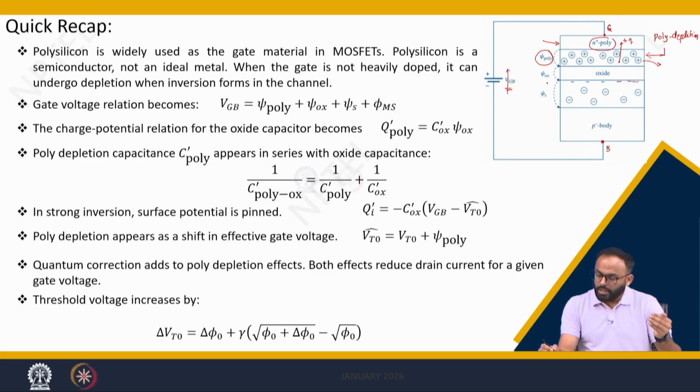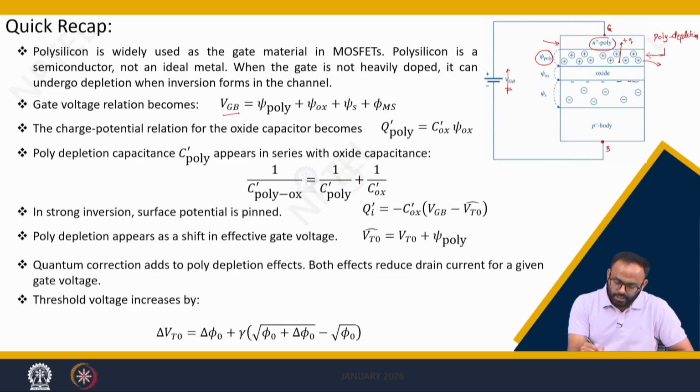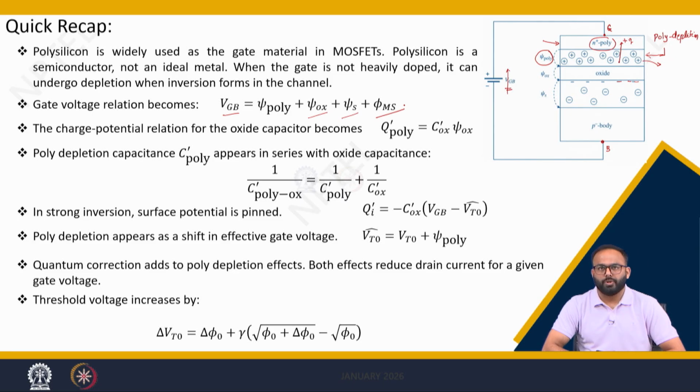In earlier lectures, when we discussed the two-terminal MOS structure with metal as a gate, we said that VGB equals psi ox plus psi s plus phi ms is the potential balance equation. However, when you discuss polysilicon depletion, it means there is a poly drop, which is the poly surface potential, so psi poly comes into the picture.